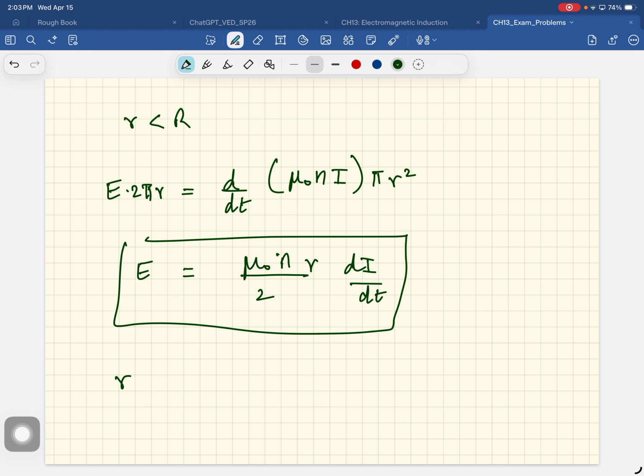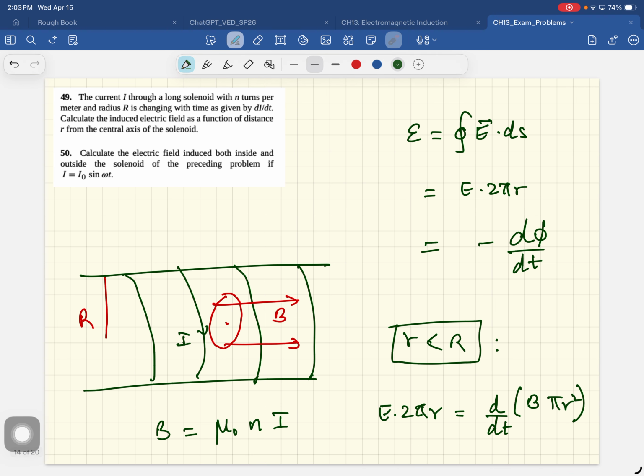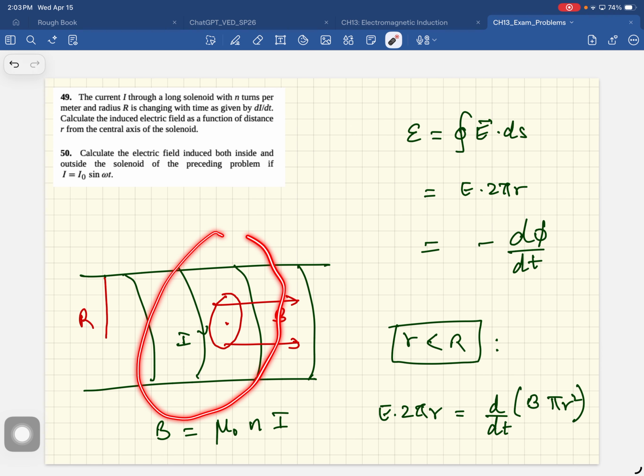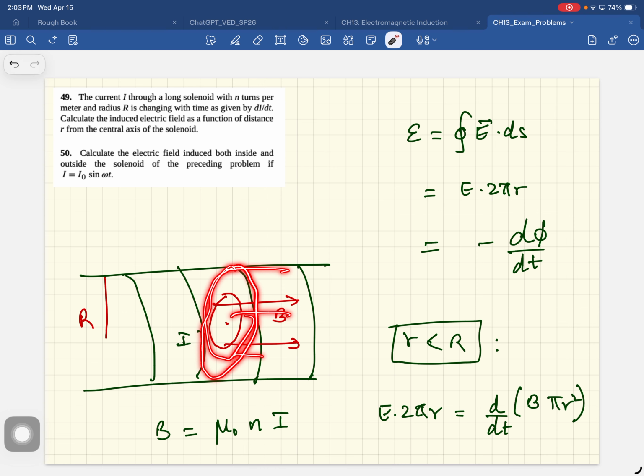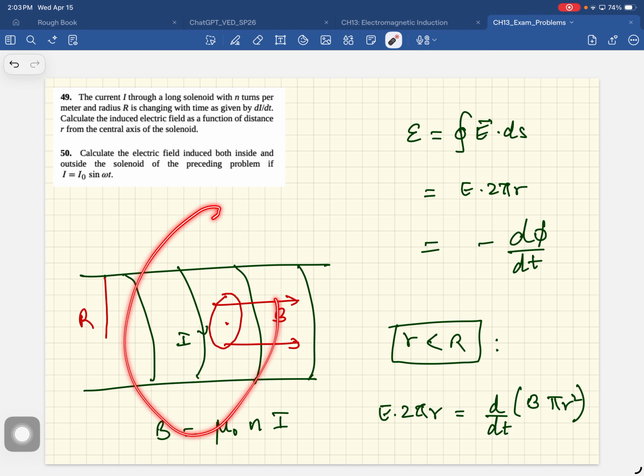So the EMF for this loop is the electric field times 2 pi r, using this expression.